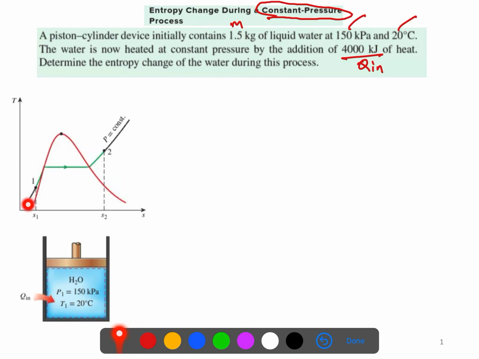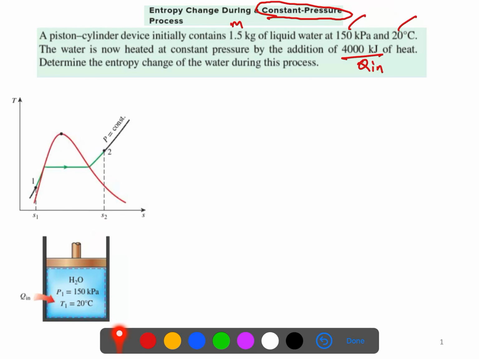So here you can see, guys, this is the T-S diagram. It's clearly showing the phase change. Here we can say this is the initial phase, this is the final phase. We know the entropy change, delta S, is the entropy difference between the final and the initial phase. For the initial phase the entropy is S1, for the final phase it is S2.